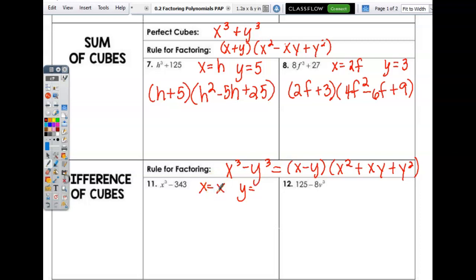The number raised to the third is 343, and that's 7. So now just fill in the formula. X minus y is going to be x minus 7. X squared plus x times y is going to be 7x plus y squared is going to give me 49.